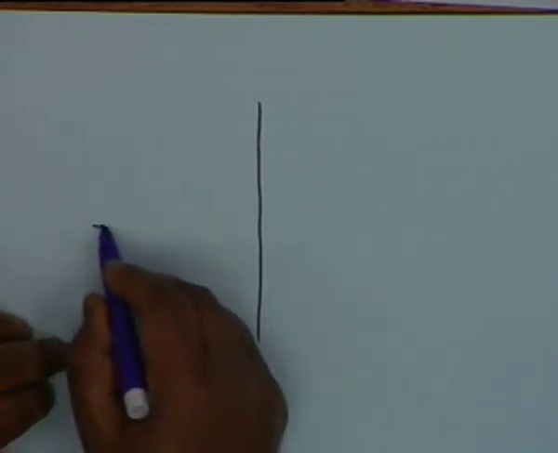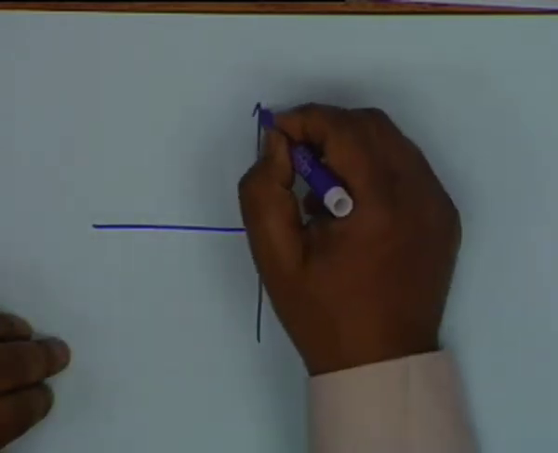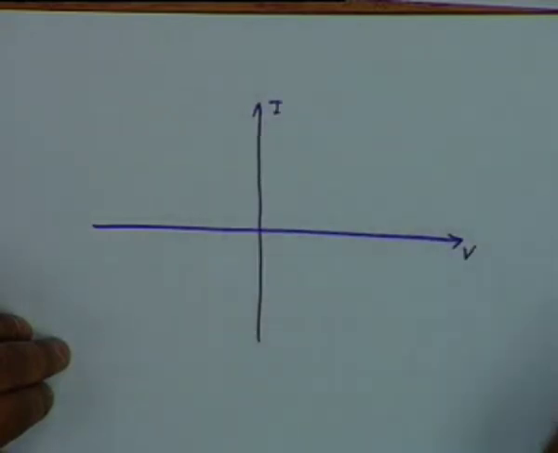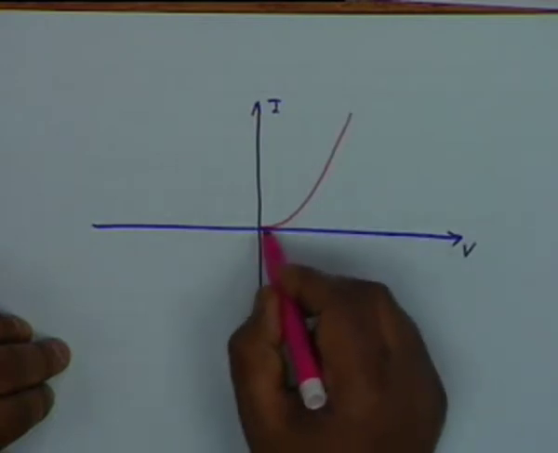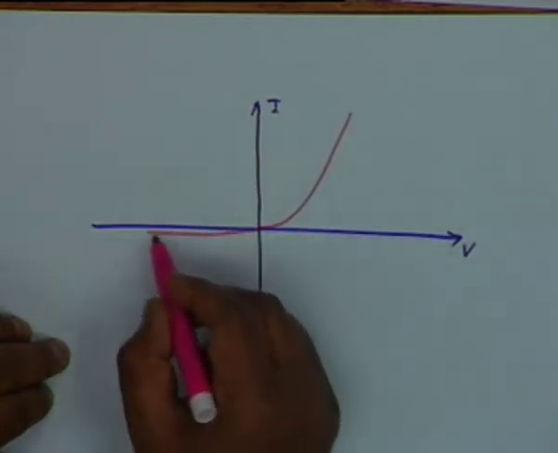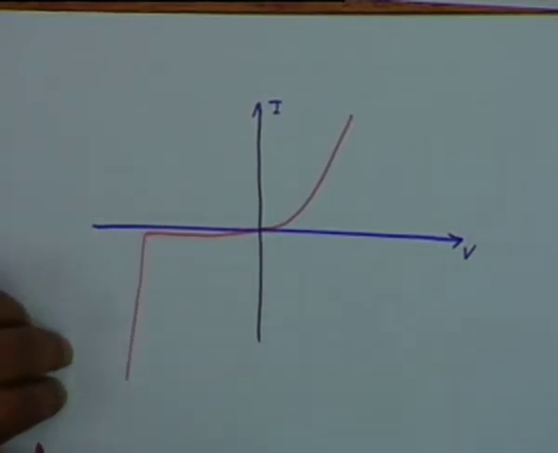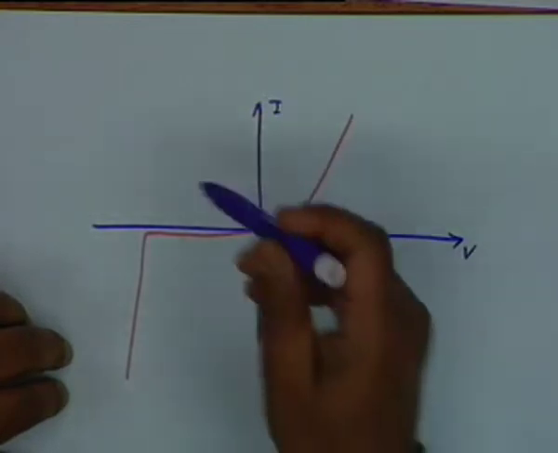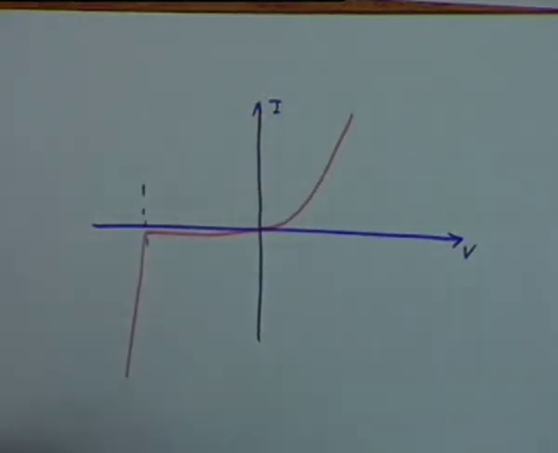Now let's look at what happens to the diode characteristic when the reverse voltage is increased. This is my current and this is my voltage, and the characteristic is like this. It becomes almost constant, and then suddenly at some point on the reverse voltage, the current starts increasing drastically as the voltage is increased.